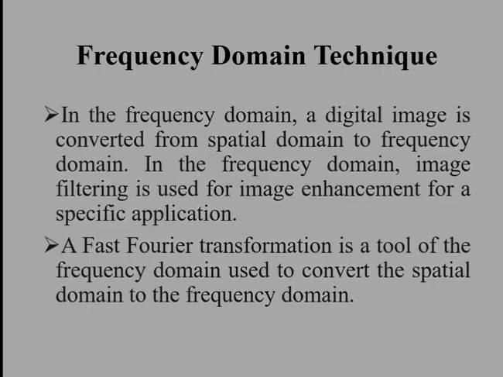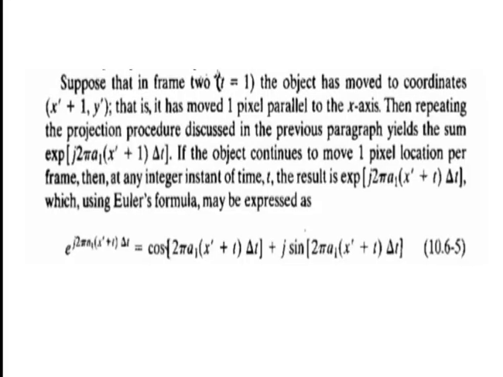Suppose that in frame 2, t is equal to 1, the object has moved to coordinates x' plus 1, y', that is, it has moved 1 pixel parallel to the x-axis. Then repeating the projection procedure discussed in the previous section yields the sum exponential j 2 pi a1 (x' plus 1) del t.